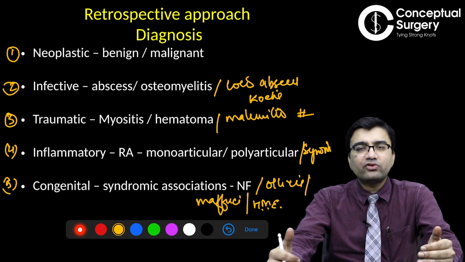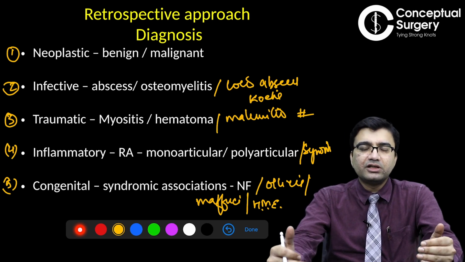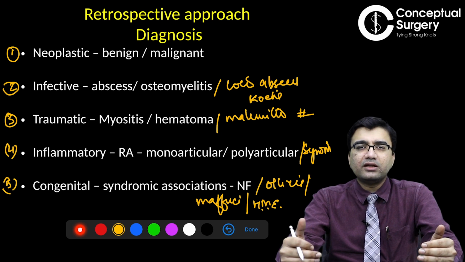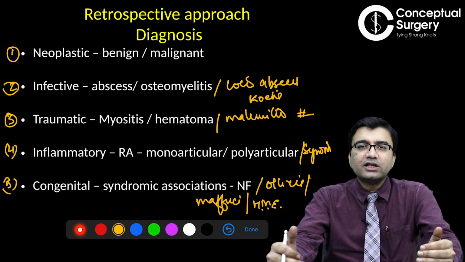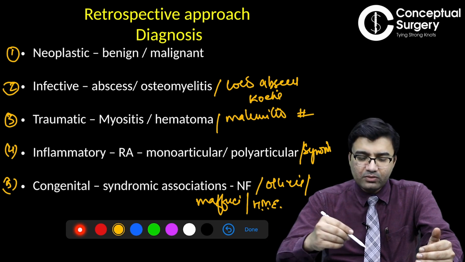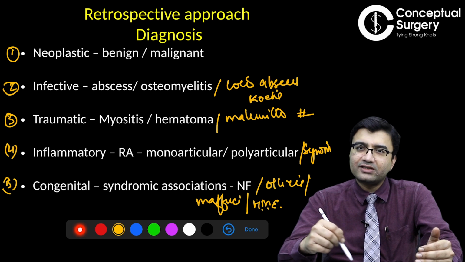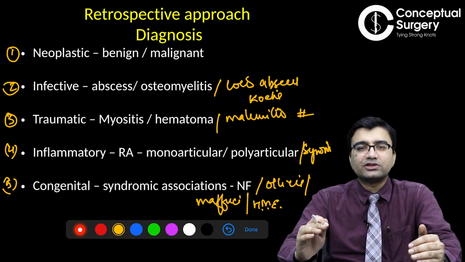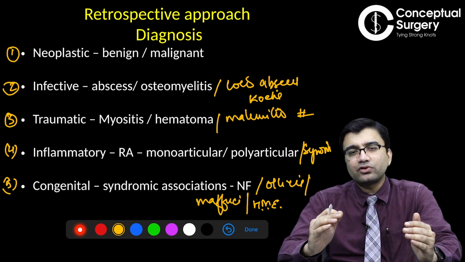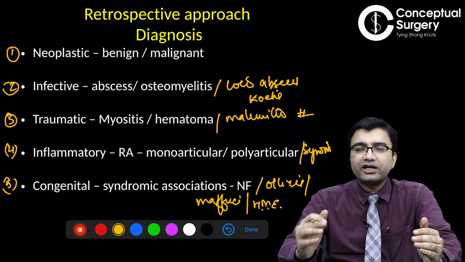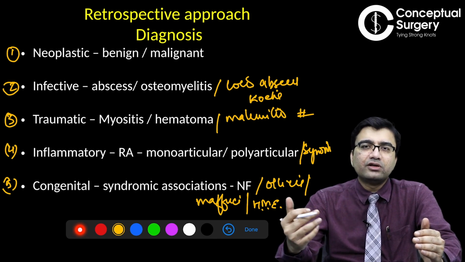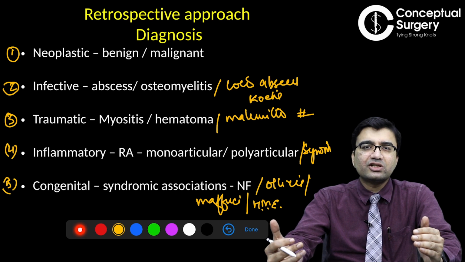Your history, apart from the patient's symptomatology, is ODP: the origin, duration and progress. The important positive and negative histories, you have to include and exclude all these conditions so that you arrive at the right diagnosis. Suppose you are suspecting infective, rule out fever, ask for history of any discharge.